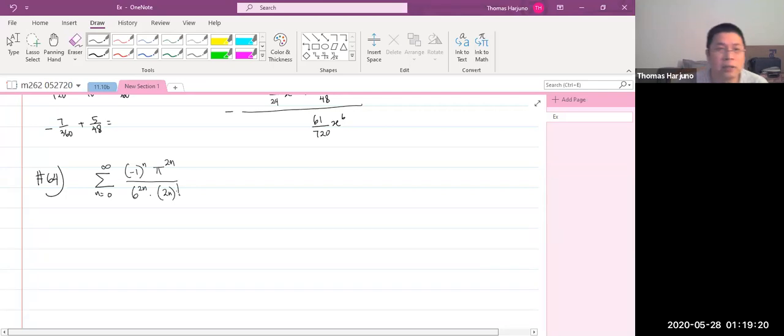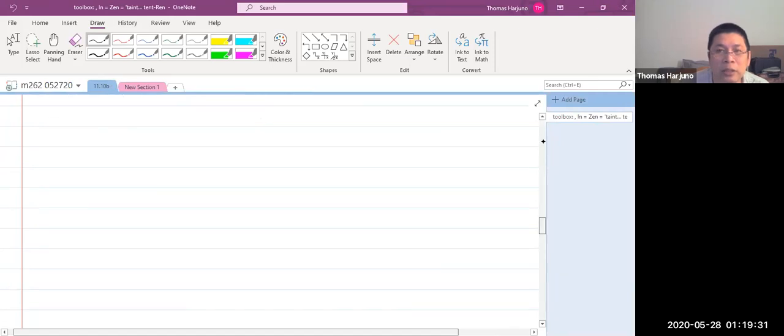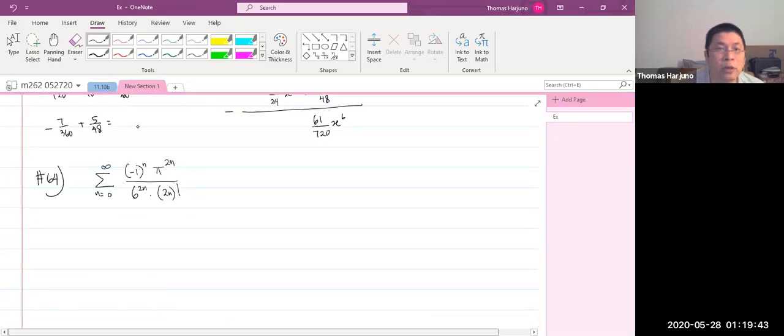Now, why I say that this is interesting is because you need to memorize the toolbox. You need to memorize this and see which of these is actually similar to that. We have negative 1 to the n, and we have 2n factorial.